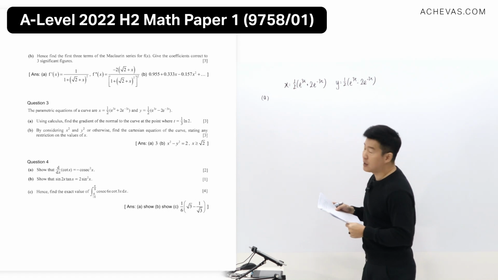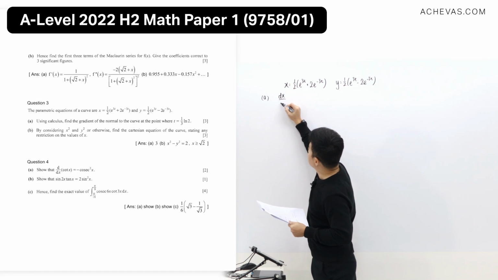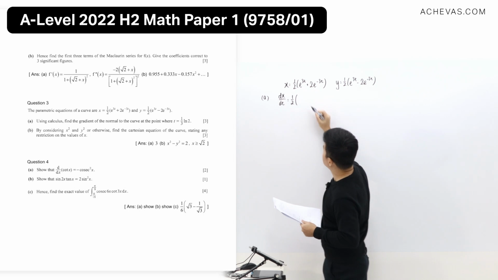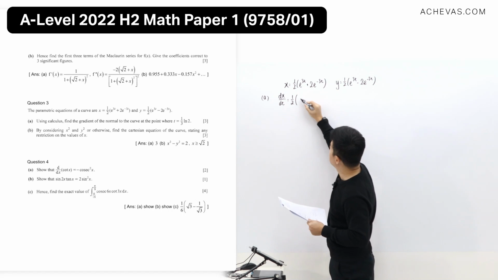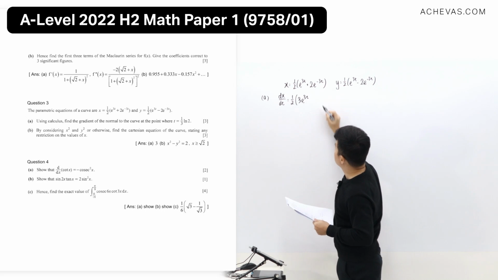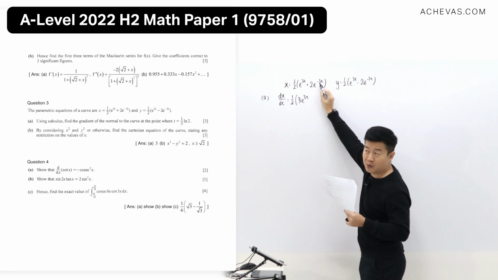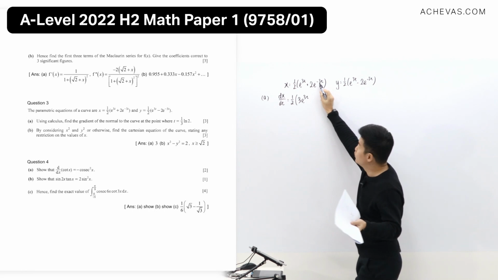So to find dy dx, let's first work on dx dt. This is going to be half. Differentiating this with respect to t, it is going to be 3e to the power of 3t. Differentiating this with respect to t, it will be 2 multiplied by negative 3, from chain rule.